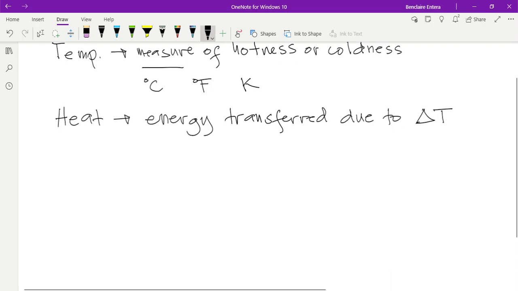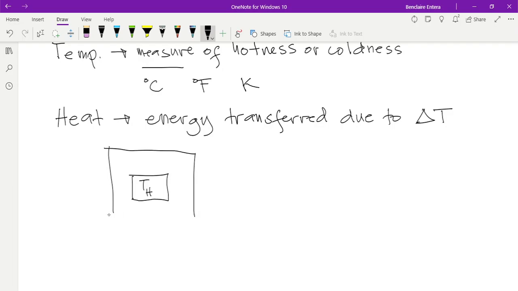For example, suppose the temperature of your object is, let's say, TH, and then your object is in a surrounding with temperature TL.